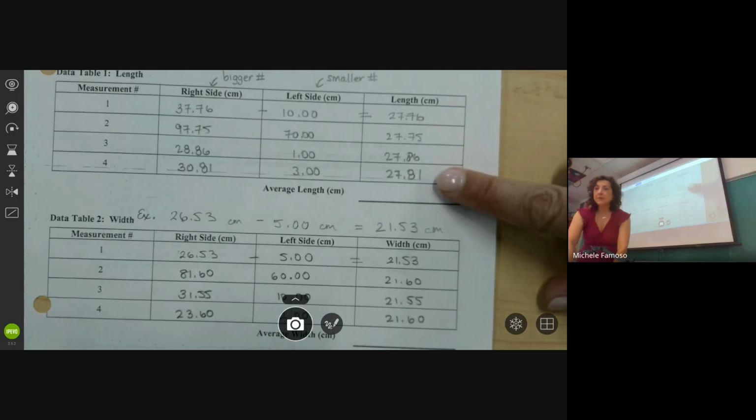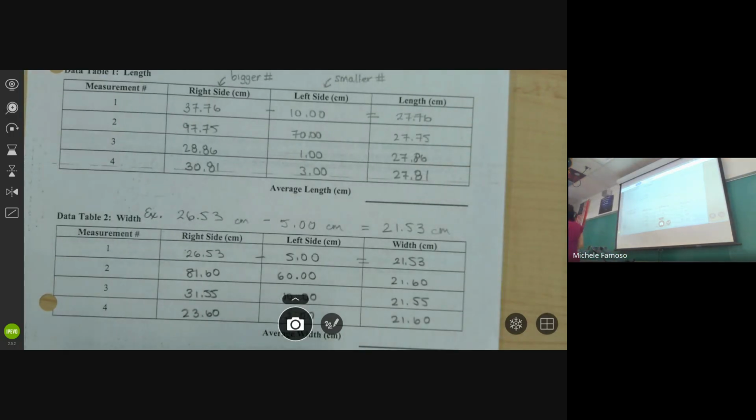All of your lengths, even though they are not exactly equal to each other, should be about the same. Like these are all somewhere between 27 and 28 centimeters. Yours should be too. If somebody got an answer that was 29 centimeters, they didn't read their meter stick correctly. They need to go back and redo it.